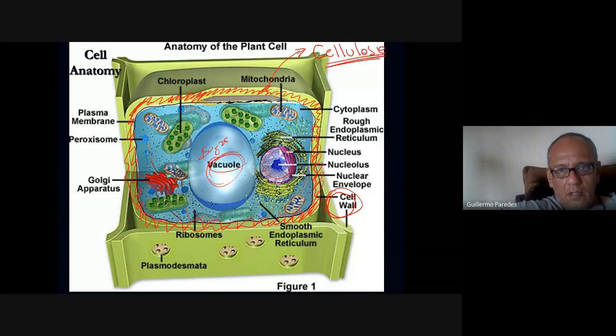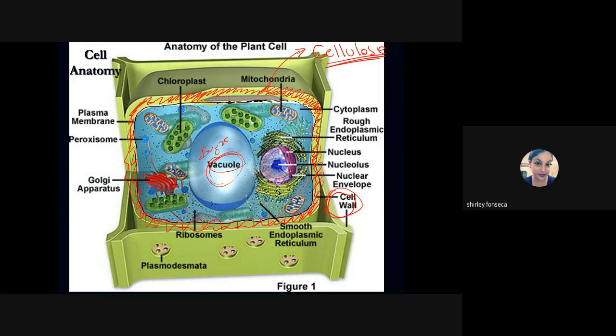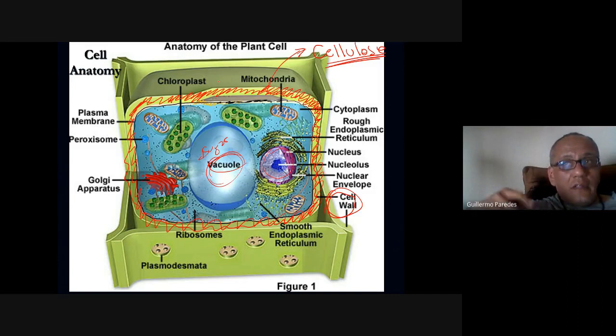Cellulose. What is cellulose? Cellulose is a polysaccharide, right? Yes. So this lecture is for that purpose. I'm not pretending that you remember everything 100% from the past, so they repeat these lectures in order to refresh, and the information comes to you again.